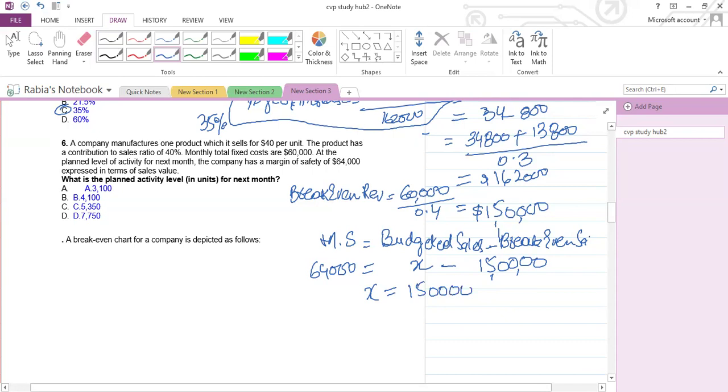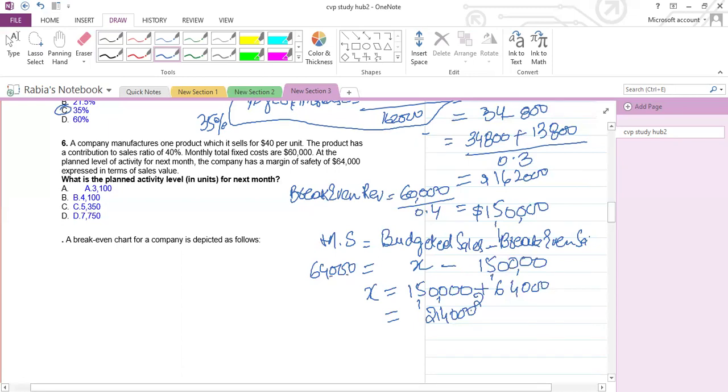So you can solve for X. 150,000 plus 64,000, so you will get 2,14,000.